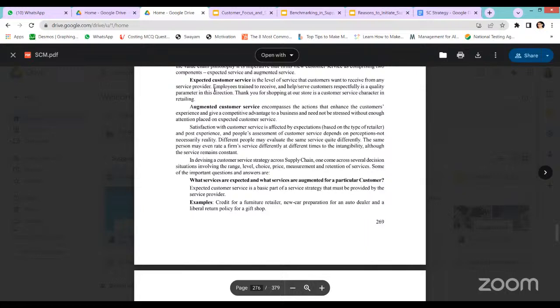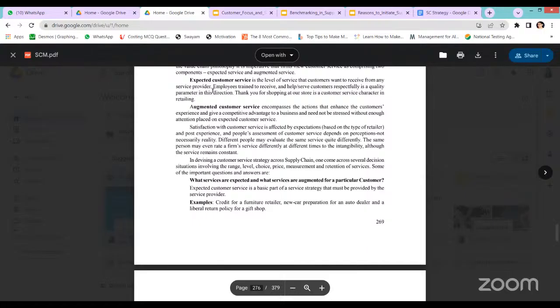Expected service: if you visit a DMart, the expected service is proper layout of the store so that you can pick your required products quickly. Augmented services give competitive advantage.